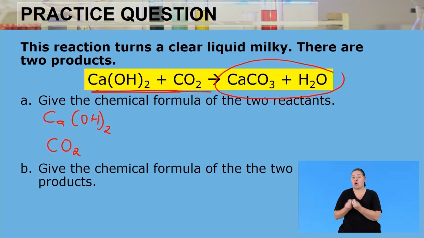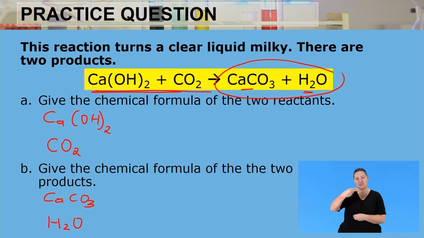Products are written on the right-hand side of the equation, so therefore it's this one and that one there. So we have CaCO3, our calcium carbonate, and our most famous compound or molecule, water, H2O. So those are going to be our two products.